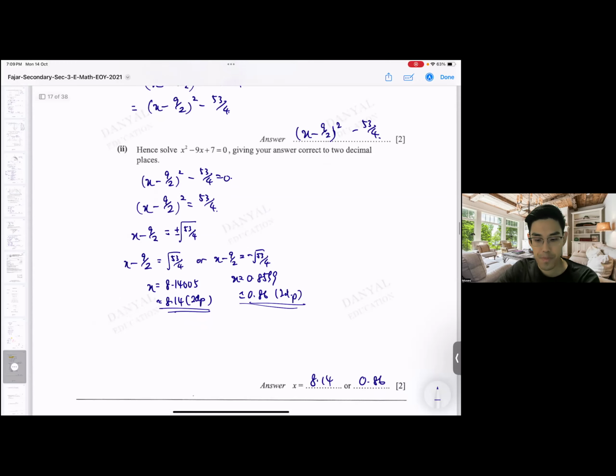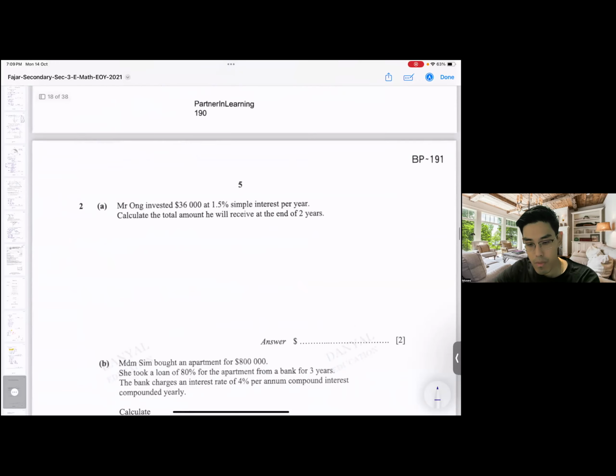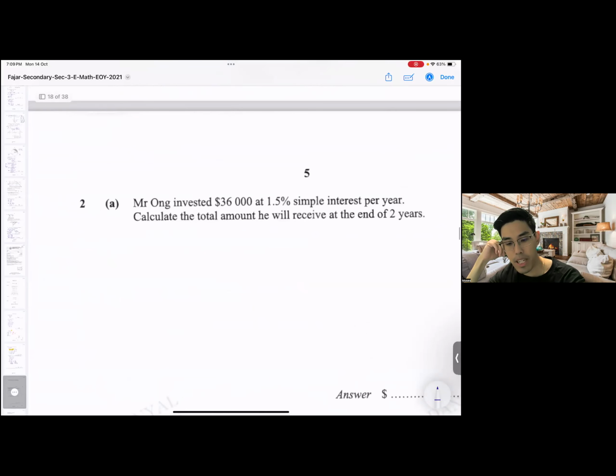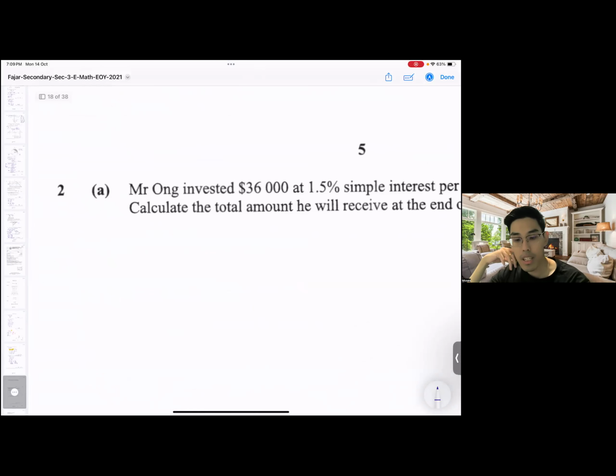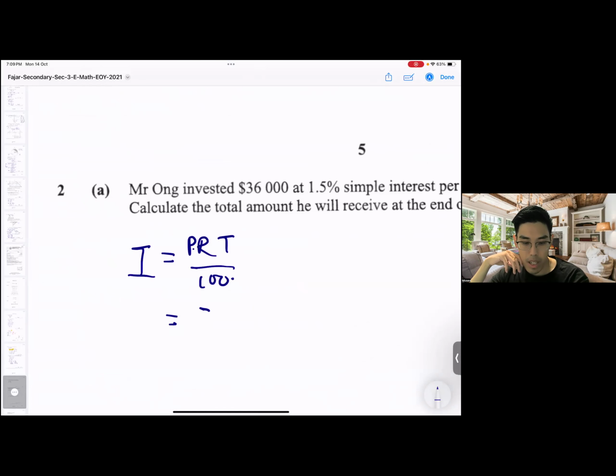Okay, next. Mr. Ong invested 36K at 1.5% simple interest per year. At the end of 2 years, how much? Simple interest is in a way simple. So we use back the formula I equals PRT over 100. Principal 36K, times the rate. What is the rate? 1.5%.